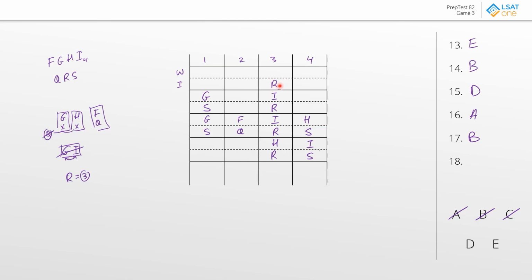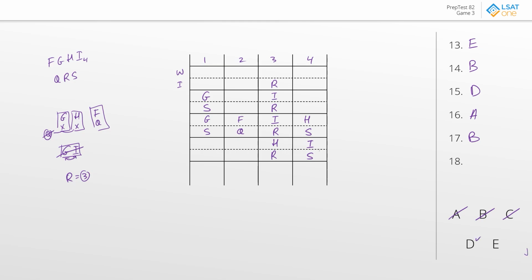If F can't go into the third position, that means that the HF block would never go into 2 and 3 respectively. But if it can't go into 2 and 3, that means that it would either go into 1 and 2, but that would leave G and I next to each other, which doesn't work. Or alternatively, it would leave H and F in 3 and 4, same thing, then G and I are stuck in 1 and 2 next to each other. In other words, that actually could never work. H, it looks like, could never go immediately before F.